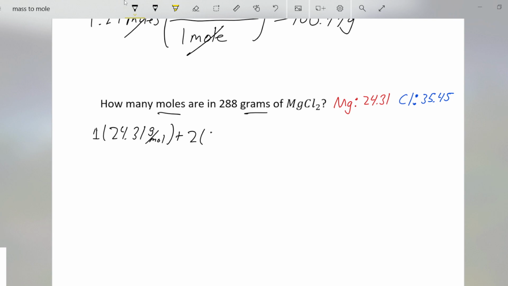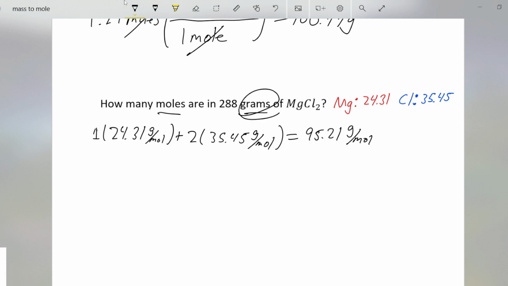There are 2 chlorines, each one contributes 35.45 grams per mole. The answer I get when I plug this into my calculator is 95.21 grams per mole.